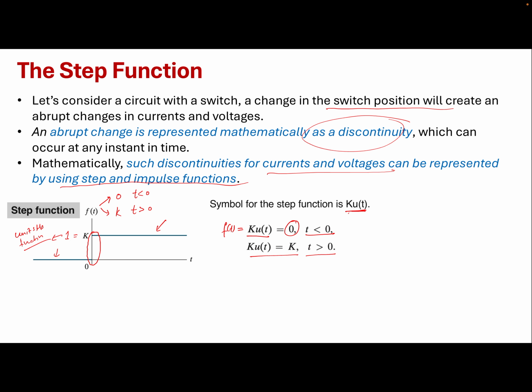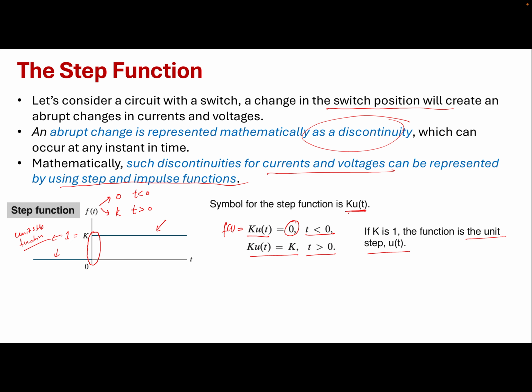So here's your function, and if the value is 1, then you call it a unit step function. The problem is that I am more interested in this discontinuity, the switching behavior. We want to mathematically model it and figure it out before we do any of the circuit analysis.